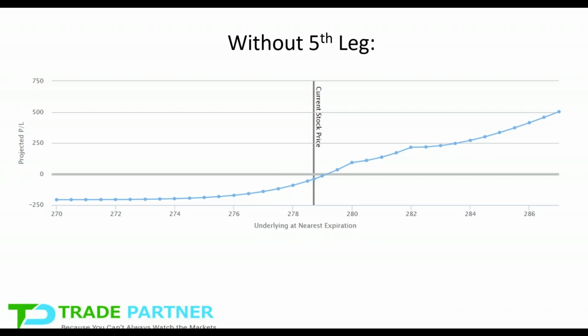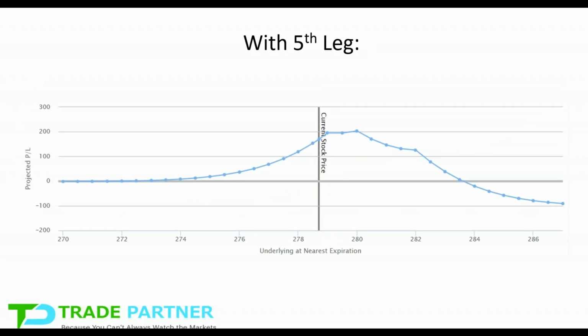That's what's setting me up for this 5th leg. And as soon as this is placed, because I don't want to see the market go down and realize a $230 loss based on a small movement down, I place on the 5th leg, and that's what I get. Now, all of a sudden, I have no risk to the downside, and I have a large profit potential all the way up to about 283-ish, with the market trading below around 270.